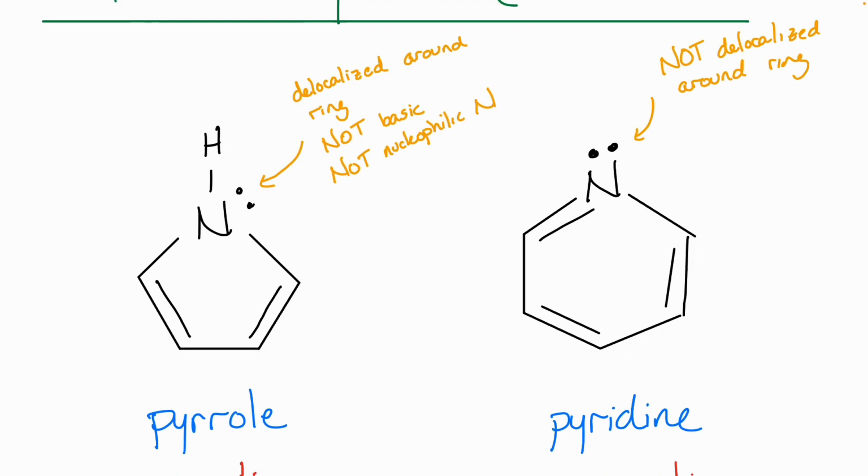All right, so then pyridine is basic. And kind of a meh nucleophile. You don't really see it play the role of a nucleophile very often, but you do see it play the role of a base quite a lot.